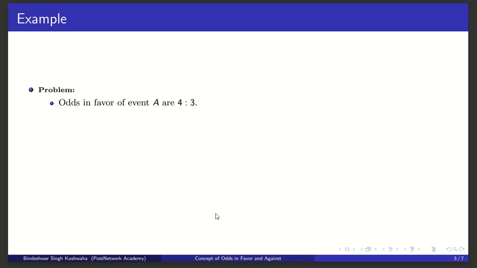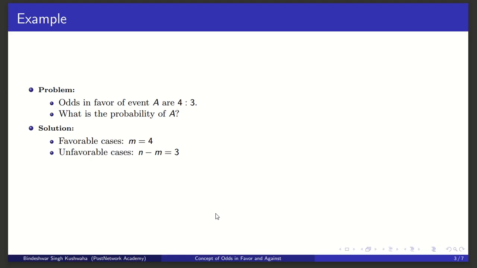The problem is: odds in favor of event A are 4 ratio 3. What is the probability of A? So favorable cases, you can see, m is 4, and unfavorable cases n minus m is 3.